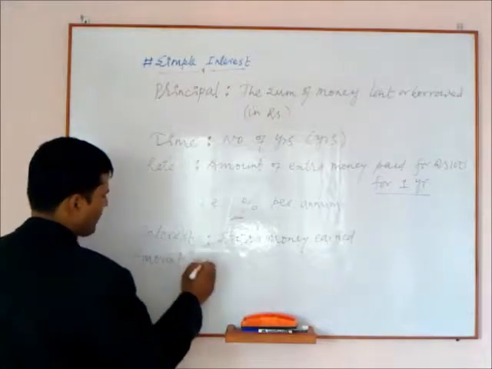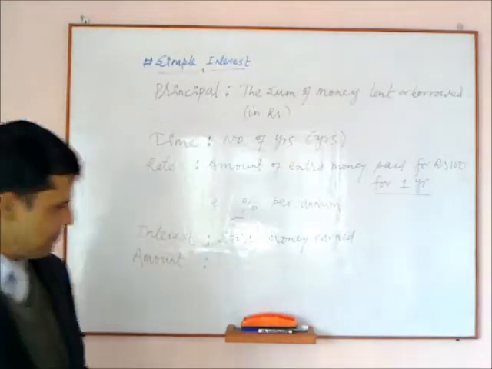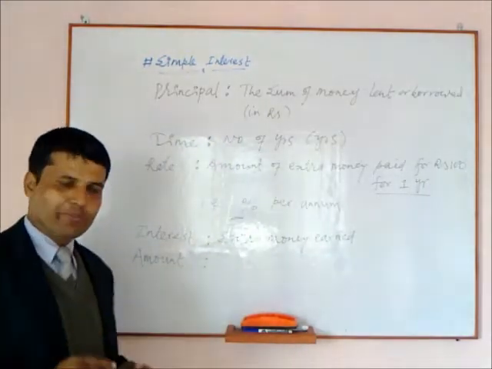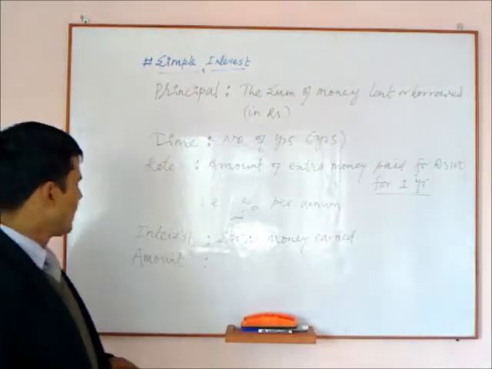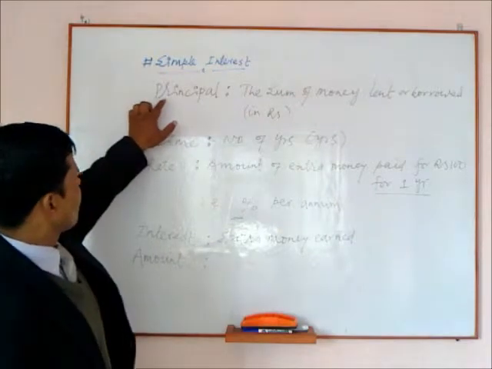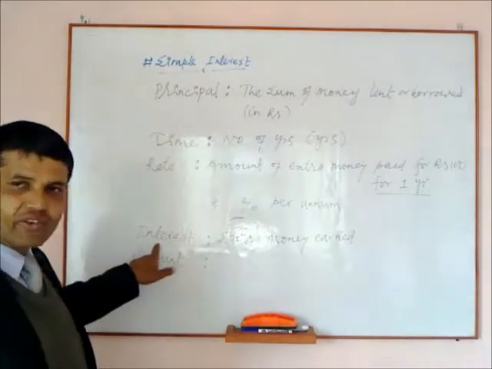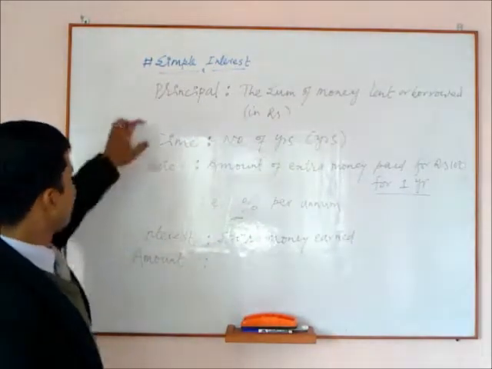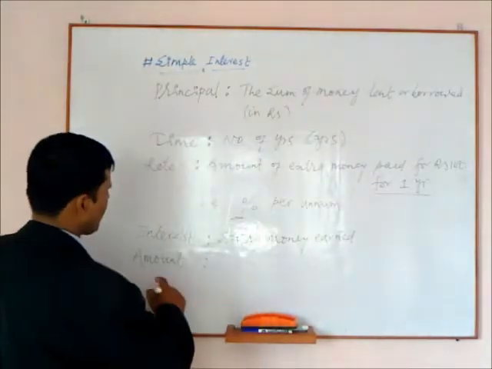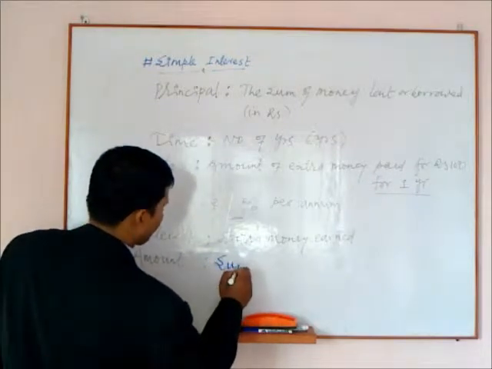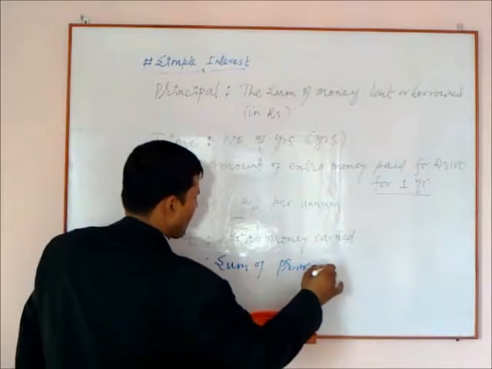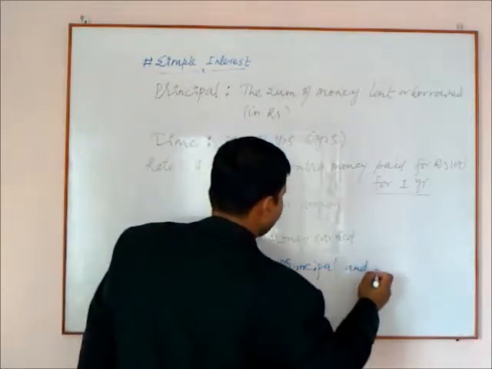After a certain period of time, in order to clear the whole debt, we have to pay the original money plus interest. So if we combine principal and interest, that gives amount. So amount equals the sum of principal and interest.